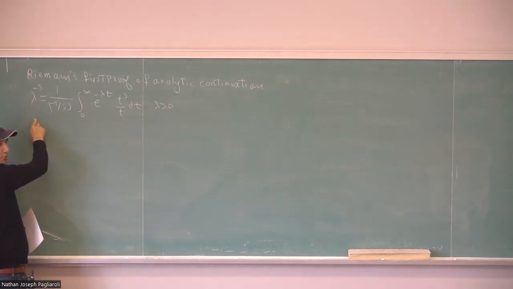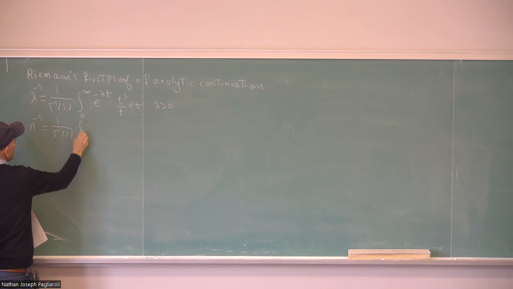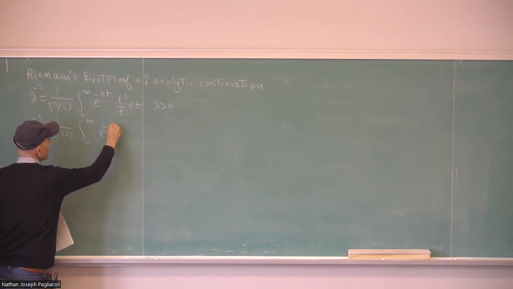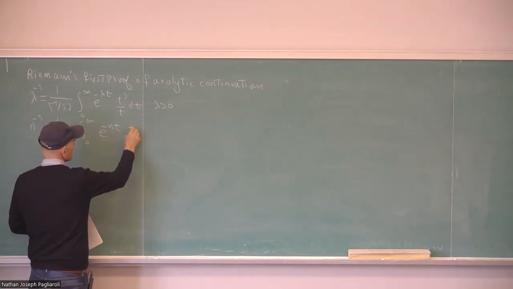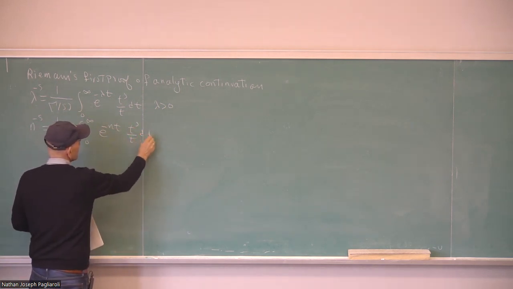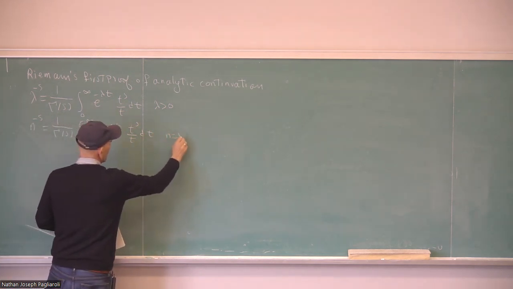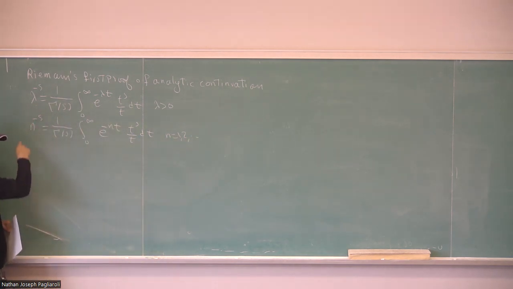If you put lambda equal to n, you get n to the power minus s equals 1 over gamma of s, integral from 0 to infinity of e to the minus nt, t to the s dt over t. This is for all n equal to 1, 2, and so on. And if you add these on the left-hand side and right-hand side, you get a sum.